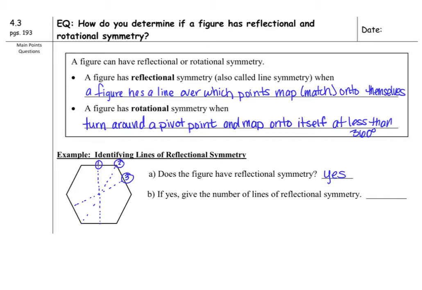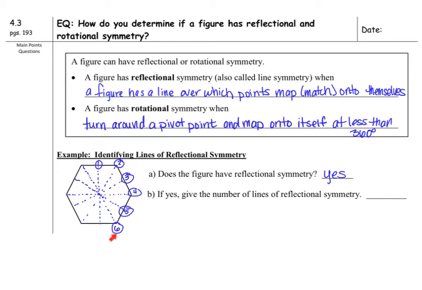The next line of symmetry would be cutting it in half long ways. That would be the fourth line of symmetry. There would be another one right here. This would be the fifth line of symmetry. And then the last one would be at this last bottom corner.